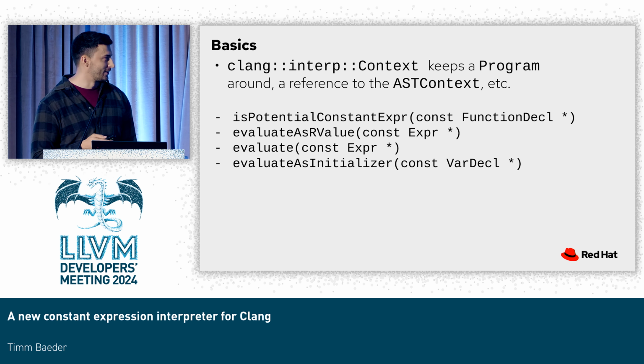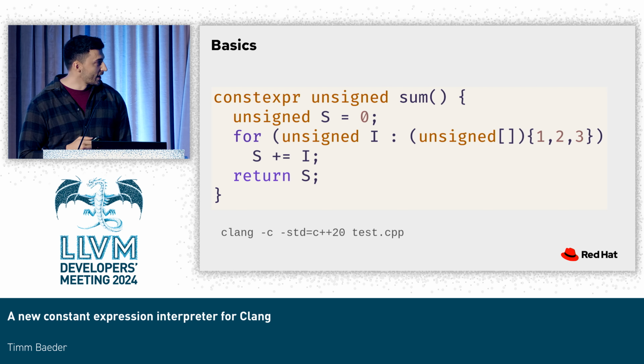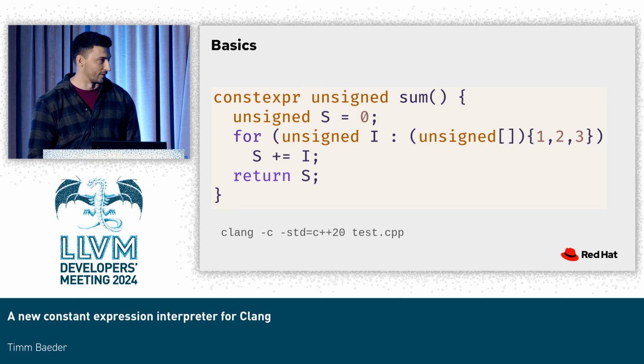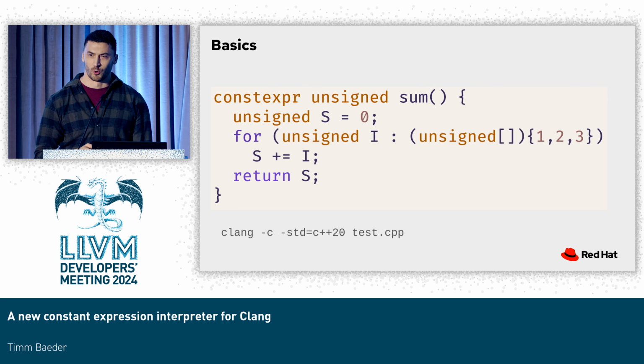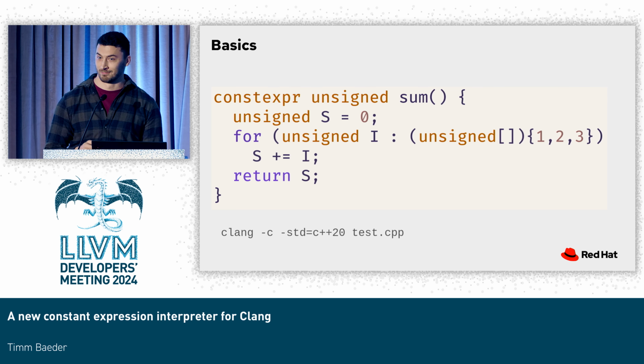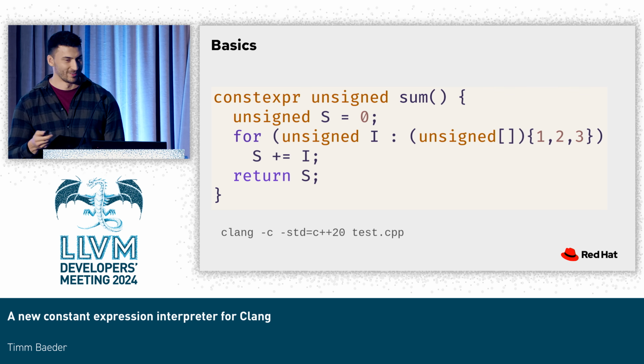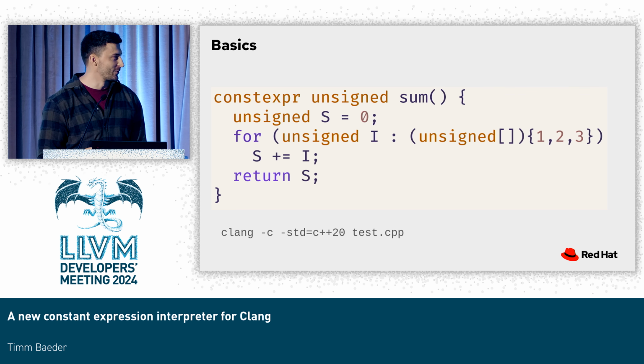So with that knowledge, as a warm-up, can anyone tell me how many things are being constant evaluated when I run this code using that command line? Does anyone have an intuitive guess who doesn't know a lot about Clang internals? You can just yell it out. 0. 0 is wrong, but it's a valid guess. Does anyone know more about Clang and can give me a different guess?